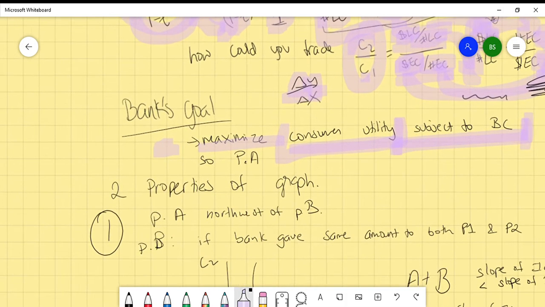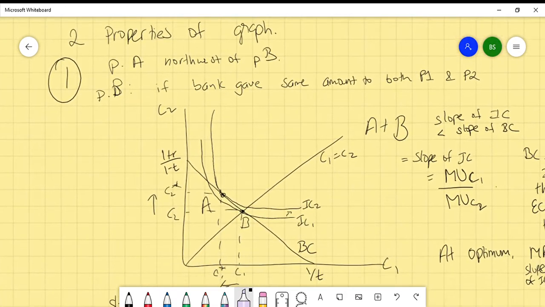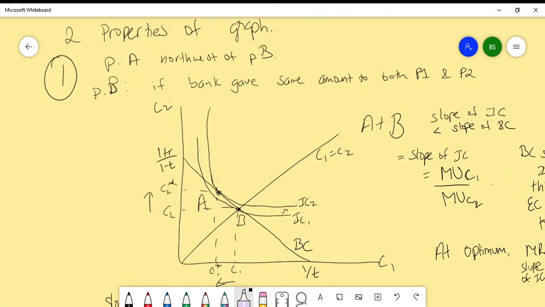The first property is that point A is northwest of point B. Point B is what would happen if the bank gave the same amount to both period 1 and period 2. They give the same amount of dollars.